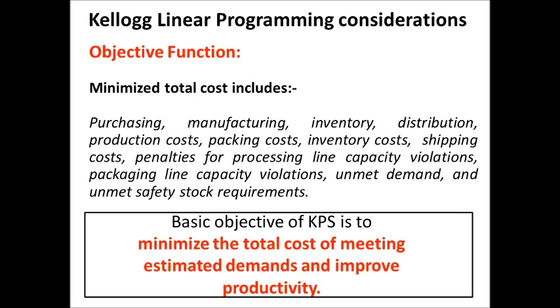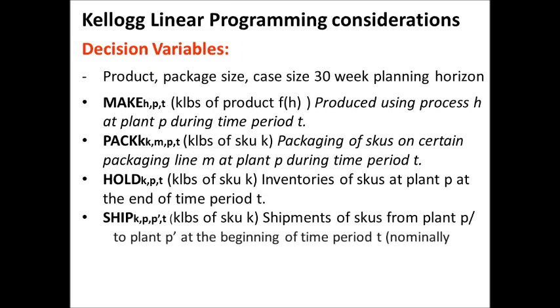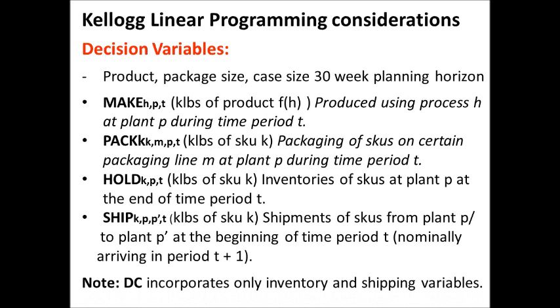So moving on to the next slide, we have to focus on some of the considerations, the decision variables, which I'm going to touch on. The decision variables of the KPS at plant include production, process, packaging, inventories, and shipments.